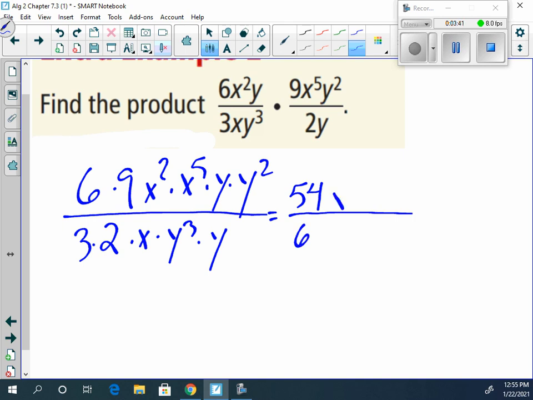X squared times x to the 5th would have given us x to the 7th. Y times y squared would give us y to the 3rd. And then we just have x and then y to the 4th. So we can combine these like terms like this here. And now we simplify.